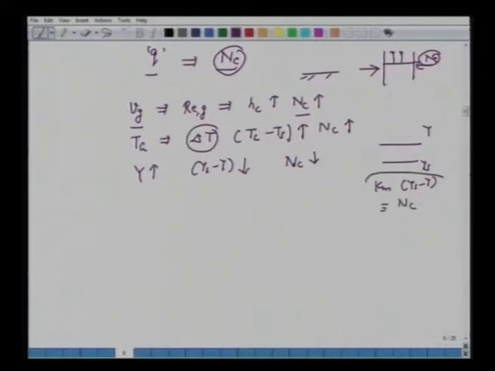So from the mass transfer point of view, Nc will decrease if the air has larger humidity. So how about the thickness? If the thickness of the tray or the solid is large, so we are talking of Zs and Zm.